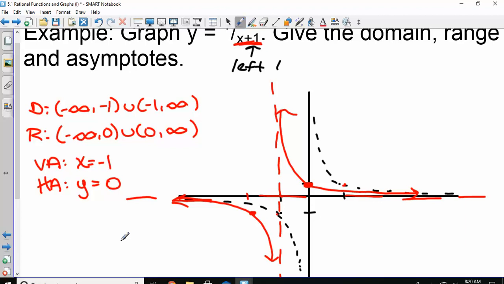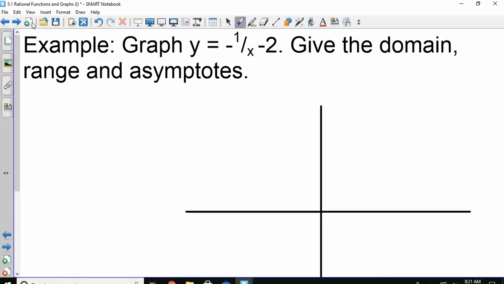Let's try one more like this. What are my transformations this time? What does that negative 2 do? Down. And what's a negative do?